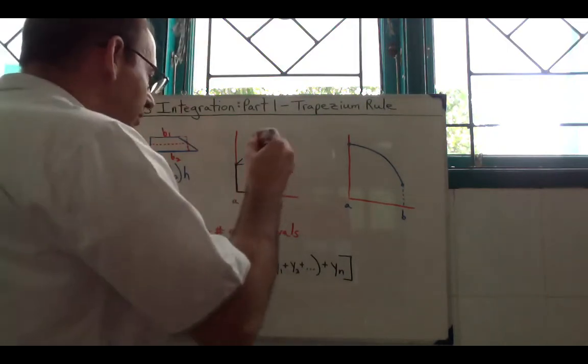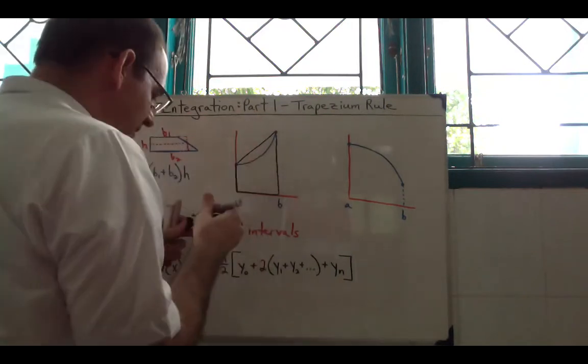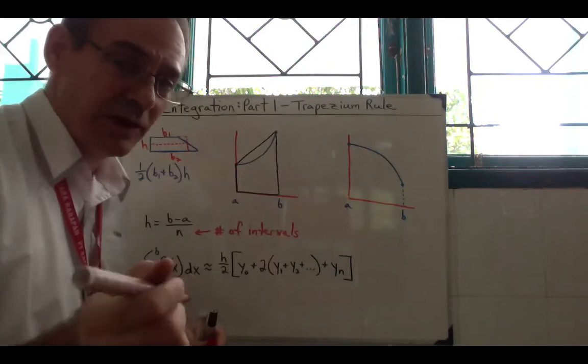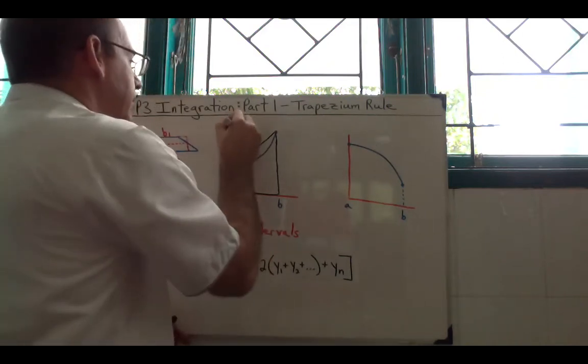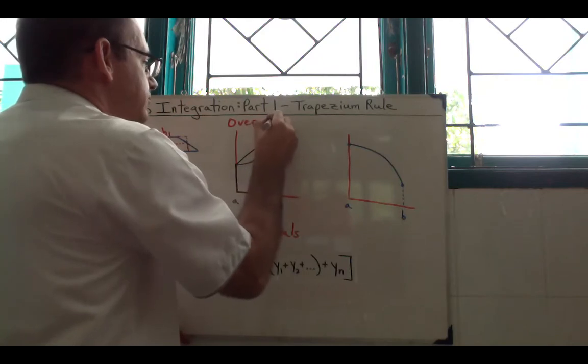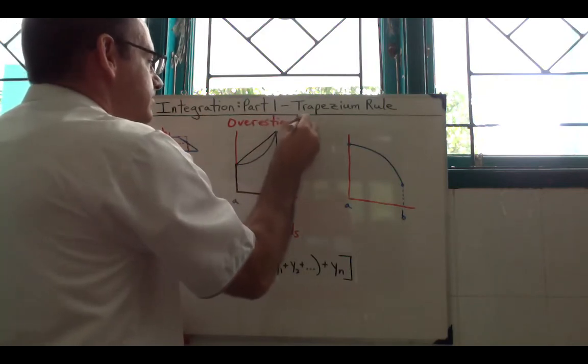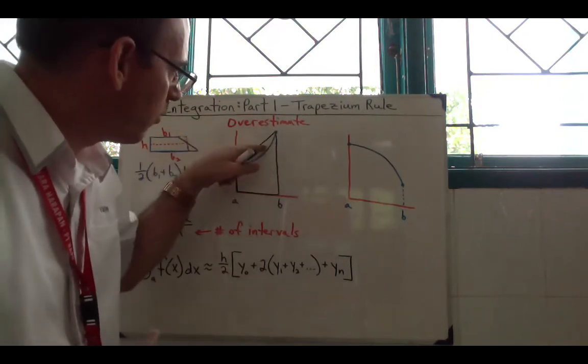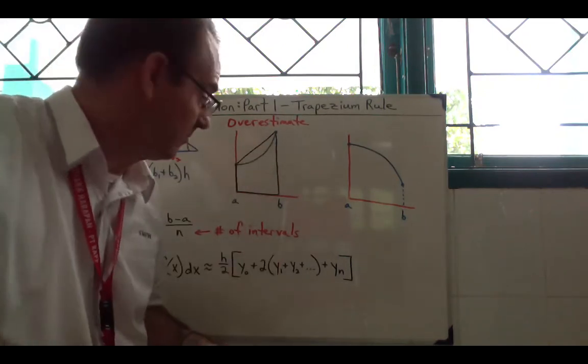So this is what we call an overestimation. And sometimes the question will ask you that. Overestimate. Because the trapezium is including more area than what it should.